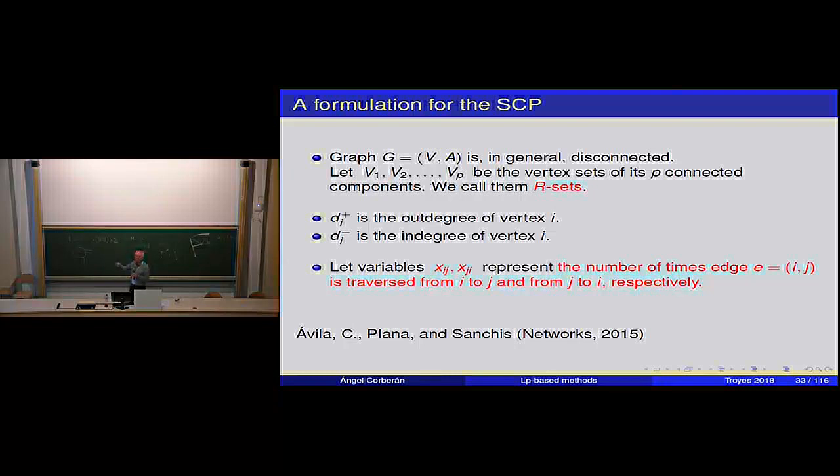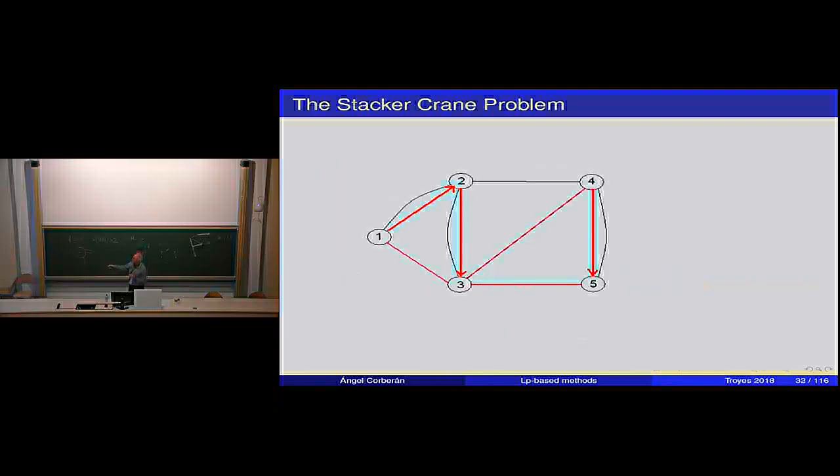For these arcs, which correspond, I insist again, to mandatory traversals, we define the out degree and the in degree of each vertex, I mean the number of arcs leaving vertex I and the number of arcs entering vertex I. And we use variables x_ij and x_ji representing the number of times the edges are traversed.